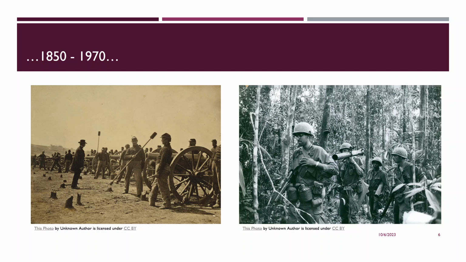I'm going to fast forward 100 years from the 1850s to the 1950s, past World War I and World War II, and on the right you've got Vietnam era soldiers. You can see there's a huge difference. We're carrying canteens. We've got a rocket launcher.